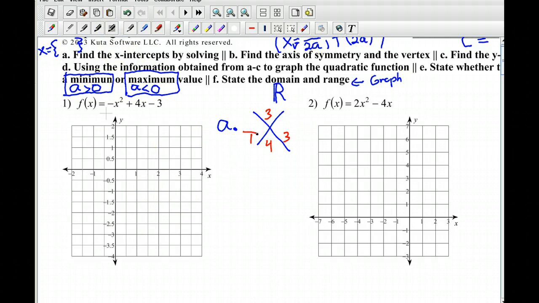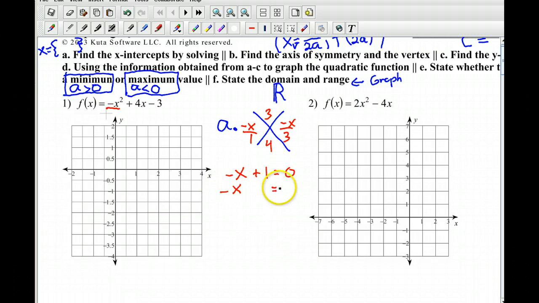Above each of these, we'll have negative x. We have negative x plus 1 equals 0.